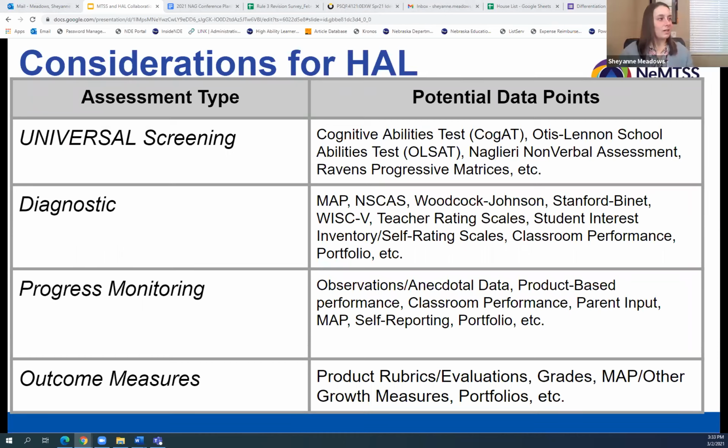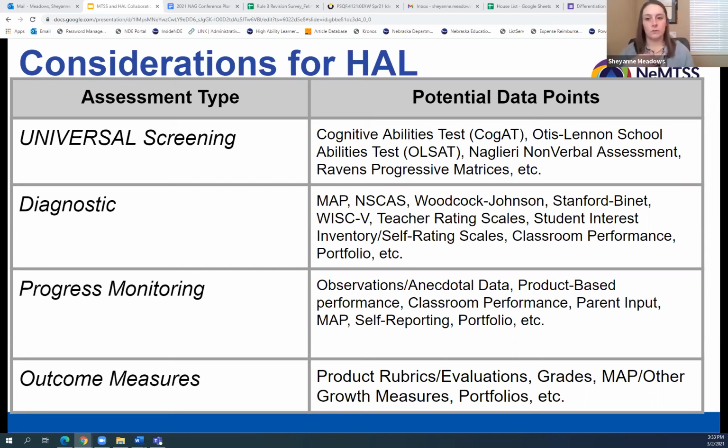Yeah, so I took those same assessment types, and a lot of you have districts that have an identification system in place. And so these top 2 bullets or these top 2 assessment types are when you refer a student for screening, or if you guys use a universal screener, or if you see a kiddo in your class that you want to refer for high ability learning, these are the data points they're going to look at.